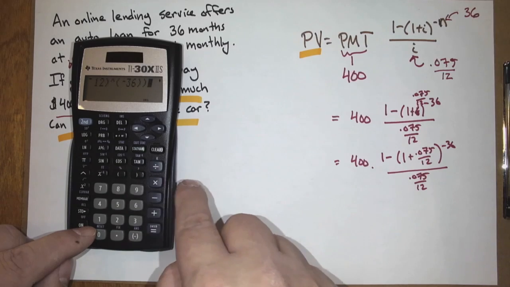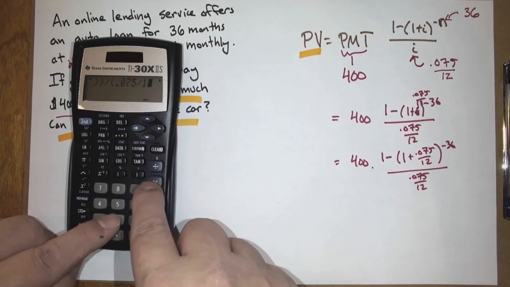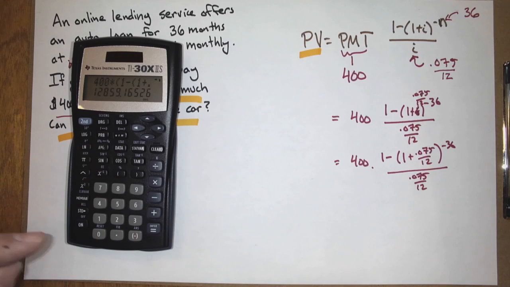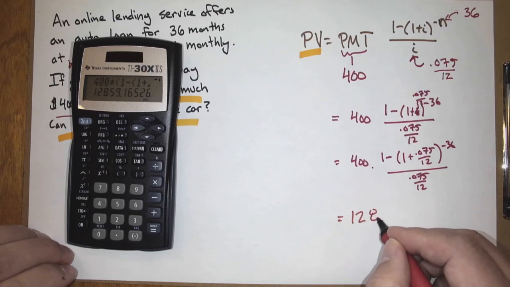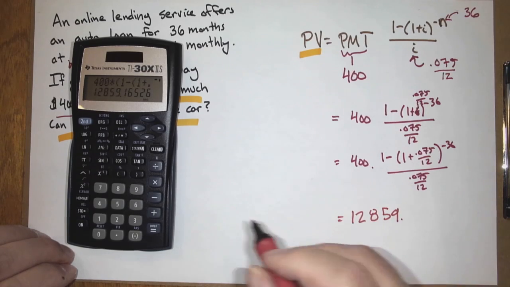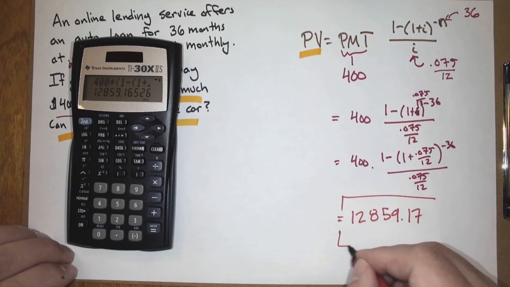Let's see if it likes this way. Divide by 0.075 divide by 12. All right. And the answer is $12,859 and 16.5 cents. We'll round it up, 17 cents.